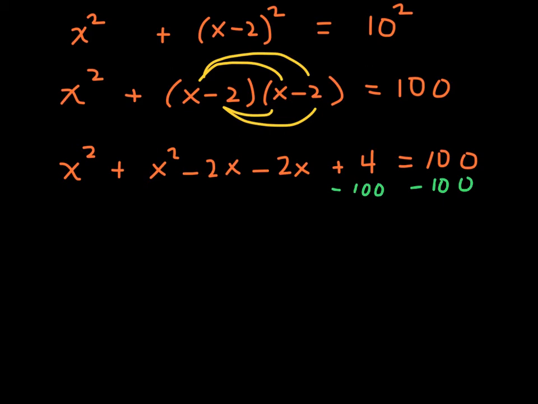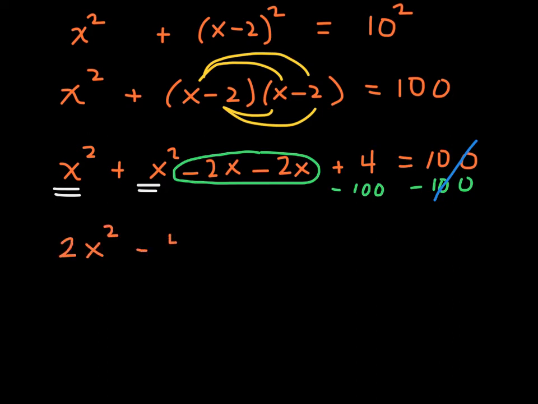And of course, this sums to 0. But in addition to that, I am going to combine these like terms and also combine these like terms. All right? So then what we end up having is 2x squared minus 4x minus 96 is equal to 0.